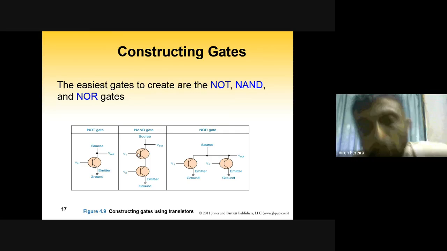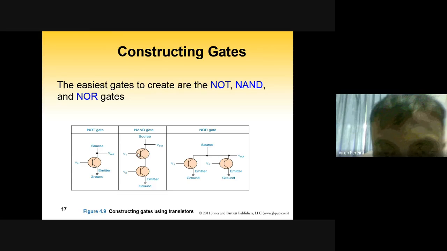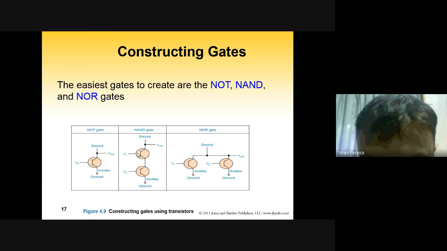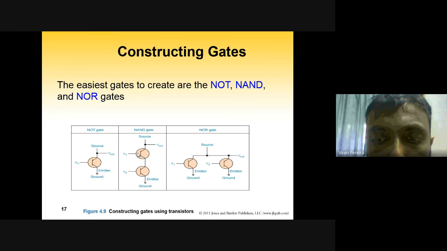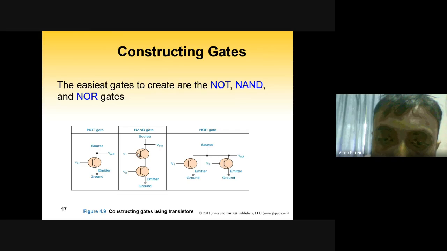All right, so now let's see how we get 1. Say 0 is at V1 and 0 is at V2. Are they in open circuit condition or short circuit condition? You all know what open circuit and short circuit are, right? So is the source and emitter open or short?